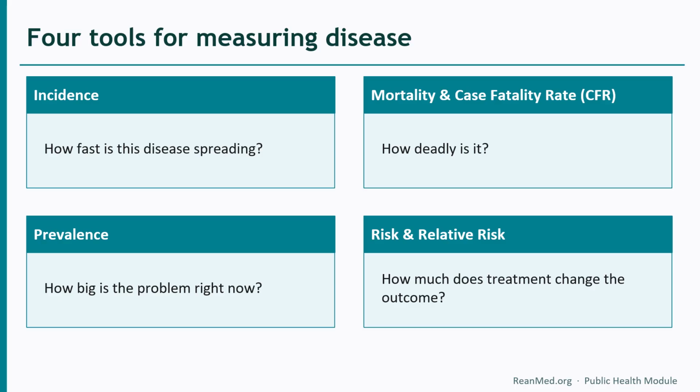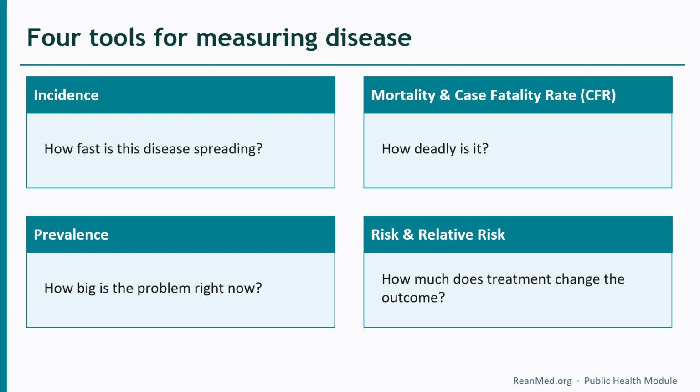For example, we could see that the prevalence of high blood pressure among Cambodian adults is about 20%. So about 1 in 5 of the adults has hypertension. So that's telling us how common it is. How many people are there that have the disease? And this helps answer the question, how big is the problem right now?